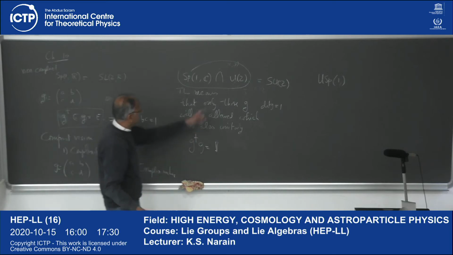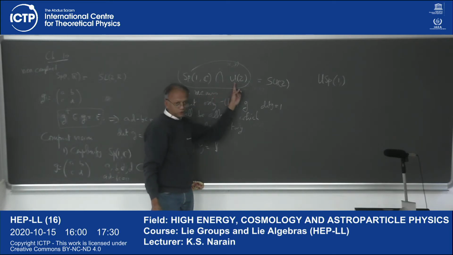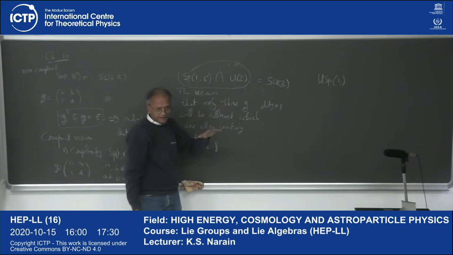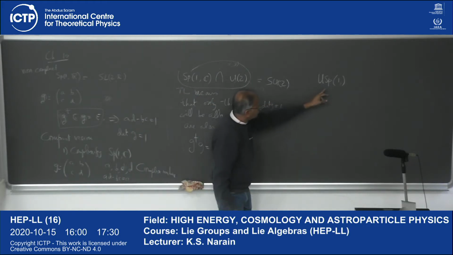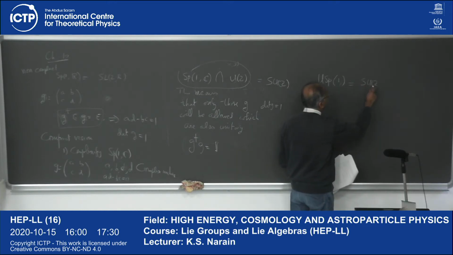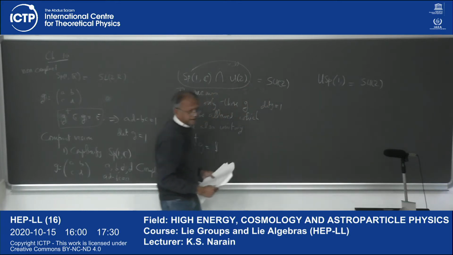It's compact because whatever it is, it has to be an element of U2 also, right? U2 unitary groups are compact. So in the intersection, every element is in a compact group. So USP1 happens to be the same as SU2. But that's completely a coincidence.